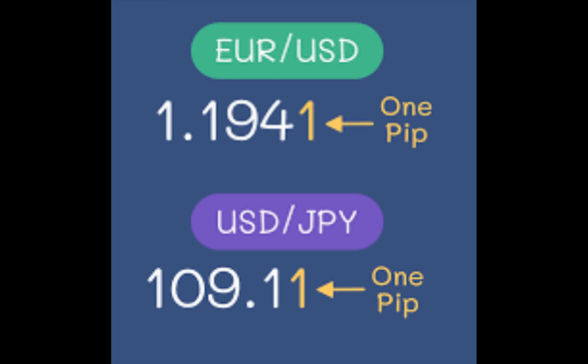I explained pairing in our previous video. They have to be paired together for you to execute a trade. So this is for USD JPY and this is for Euro USD. So this is a pip and this is a pip, one in a different perspective.